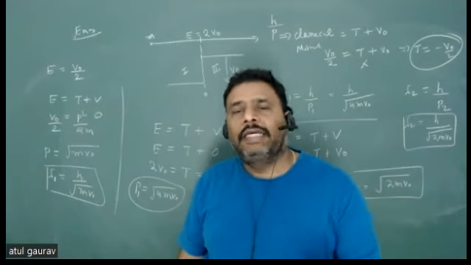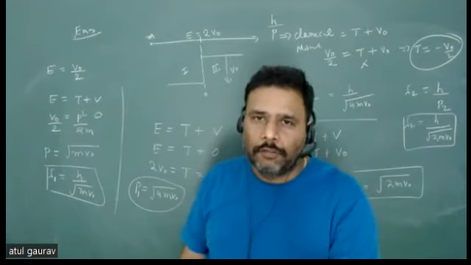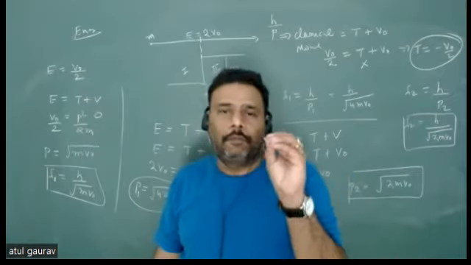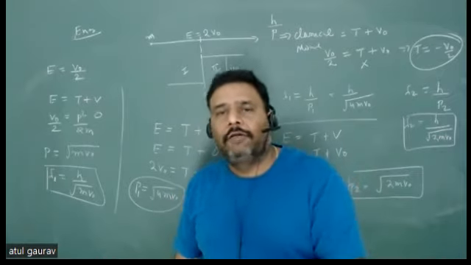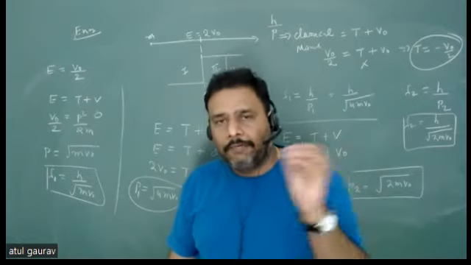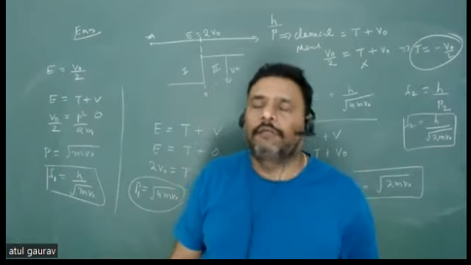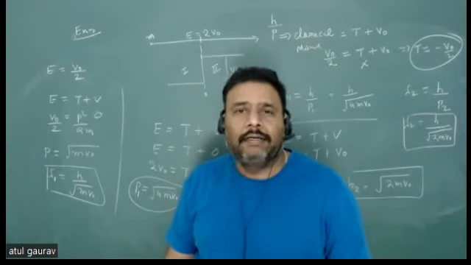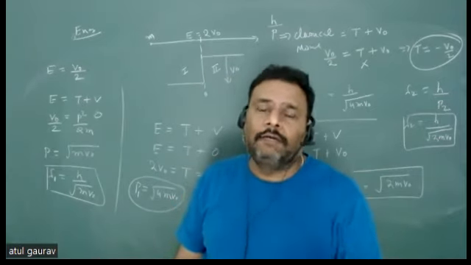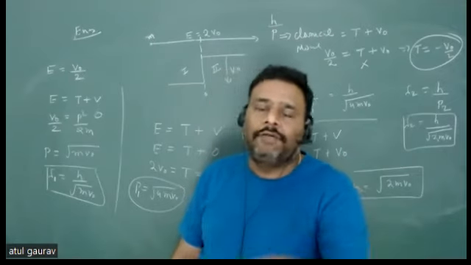This de Broglie wavelength can be calculated for your tennis ball also. It can be calculated for your marble ball also, for your atom, for your proton, for your electron also. But the thing is whether the calculation you have done for the marble ball or tennis ball is significant for you or not.